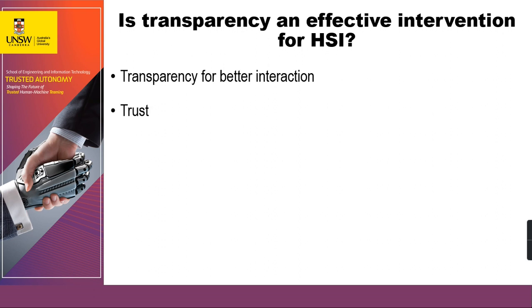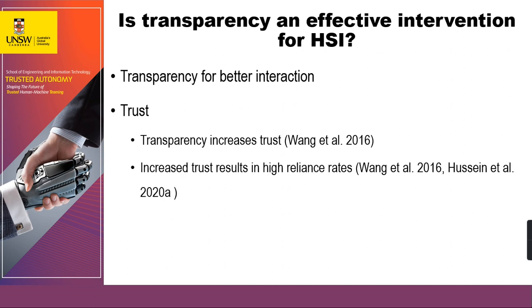But also the interaction between transparency and trust is of interest. Previous studies found that transparency increases human trust in machines. But also some other studies showed that increased trust results in high reliance rates, which brings the risk of over-reliance. That is, from one side, transparency was shown to be important for improving the interaction between a human and the machine.